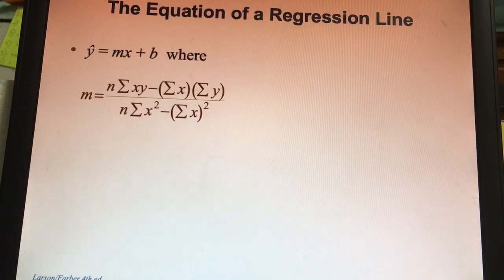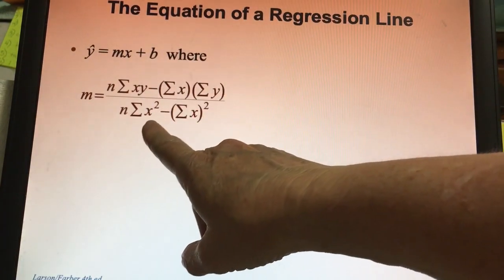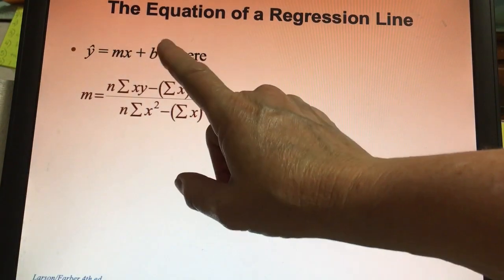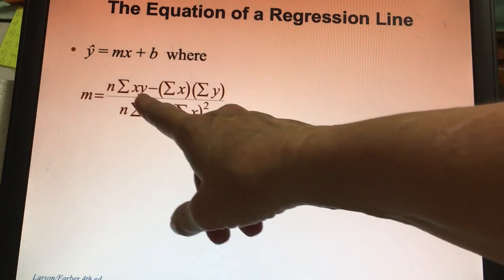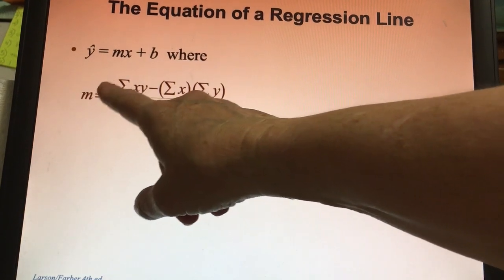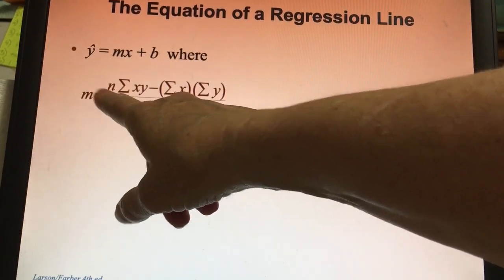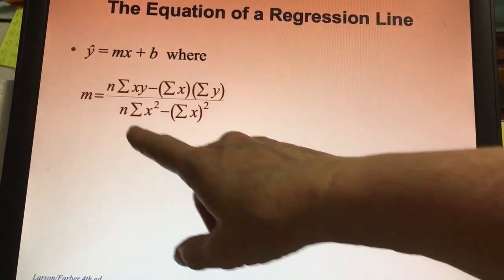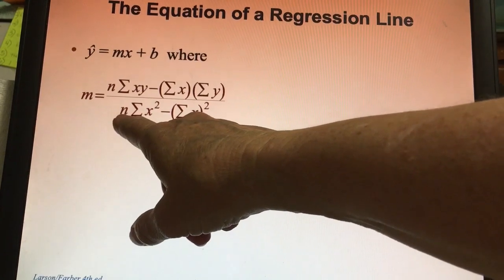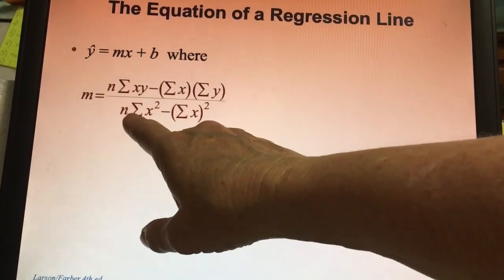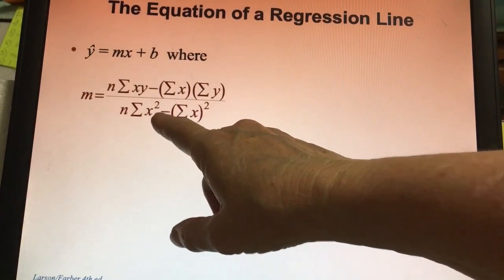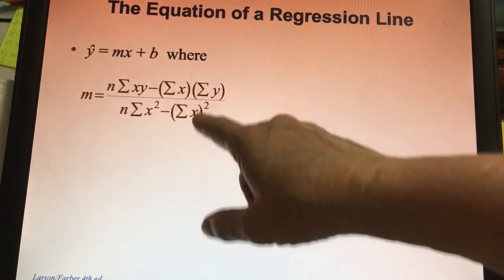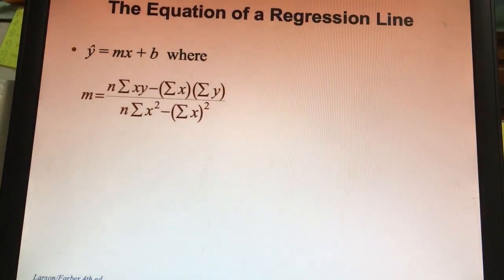And here is how you could do it by hand using what you just found out for your correlation coefficient: the sum of the xy times the number of data values minus the sum of the x's times the sum of the y's, divided by the number of data values times the sum of the x squareds minus the square of the sum of the x's. So that is your m.